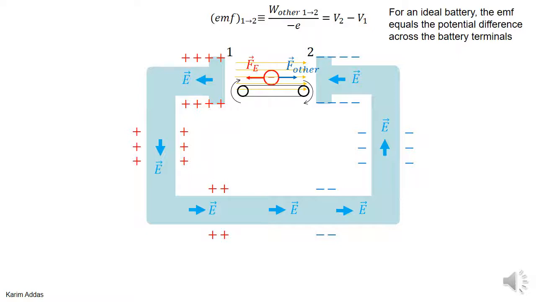So for an ideal battery, and we'll discuss a real battery later on, the EMF is just the potential difference across the terminals. If you get the EMF to go from 1 to 2, from the positive terminal to the negative terminal, it's the potential at the negative terminal minus the potential at the positive terminal, V2 minus V1.